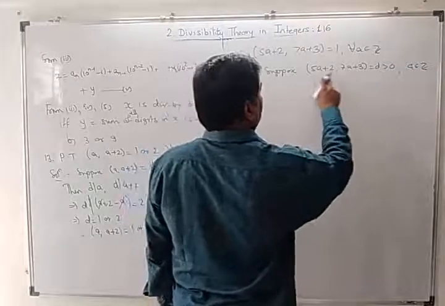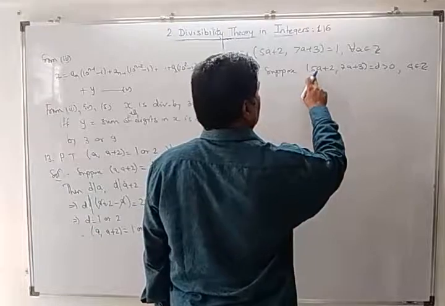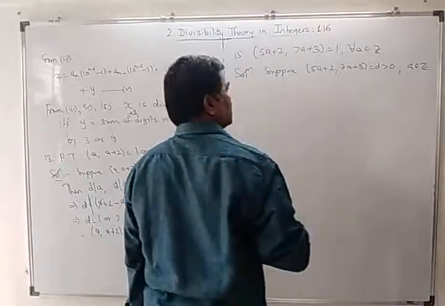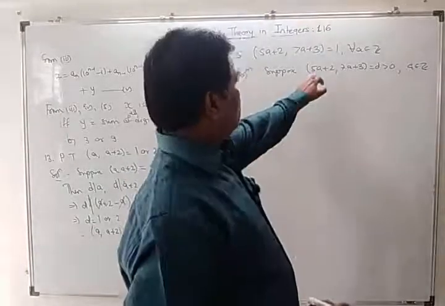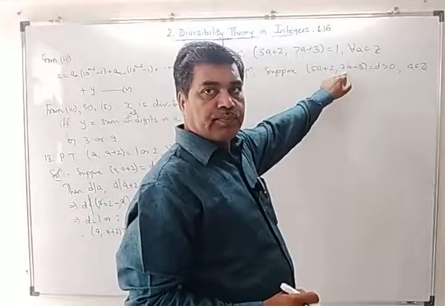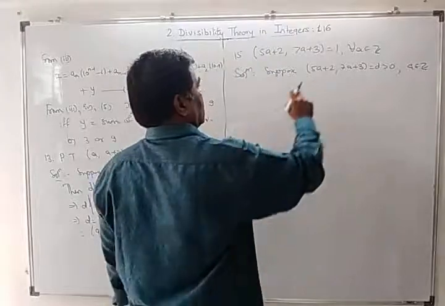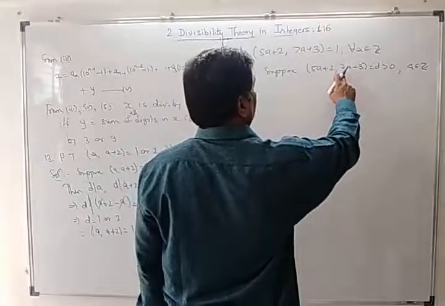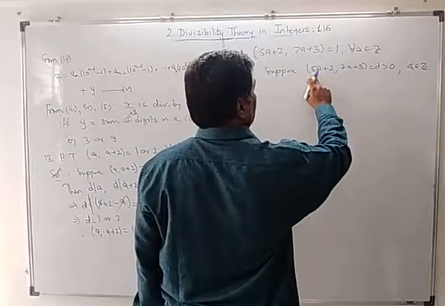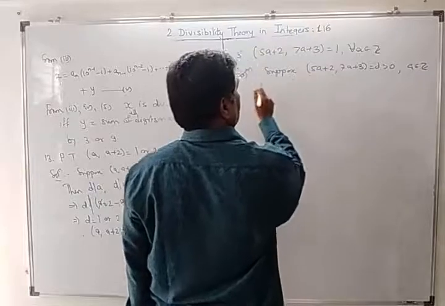Now, if I multiply 5a plus 2 by 7 and 7a plus 3 by 5, I get multiples of a as 35a.